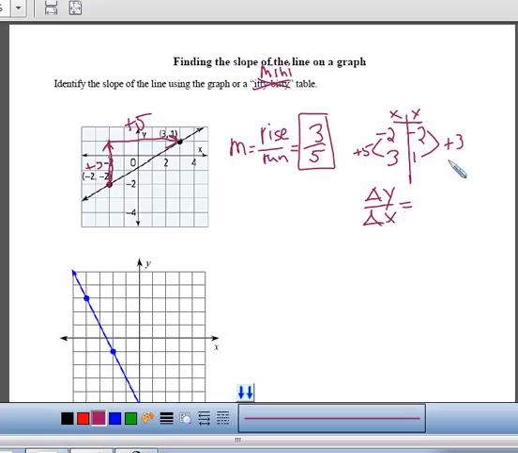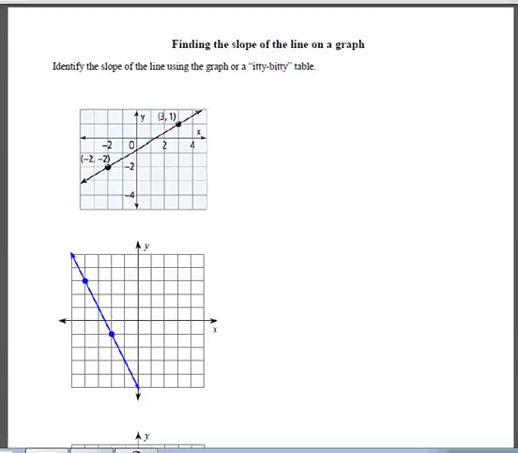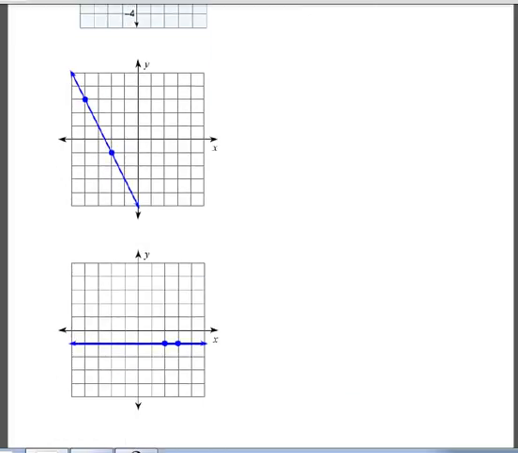Now one thing students get mixed up is they put the wrong number in the wrong spot. So for me, I've just gotten so used to the number over here on the right side, because I always put my y values or outputs on the right side of my table, is the one that's going on top, and the one over here is the one that's going to go on the bottom. But examples that you're going to find aren't always that nice, so make sure that you pay attention to what numbers you're working with.